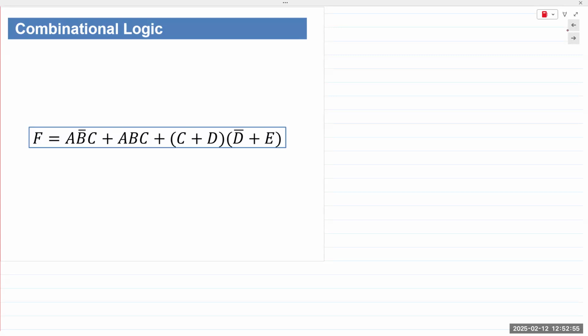So that's where the laws are very useful. You might have a system, for example, with multiple inputs. And depending on what you want to obtain as the output, you can design combinational circuits using Boolean algebra. As I said, multiple inputs, right?